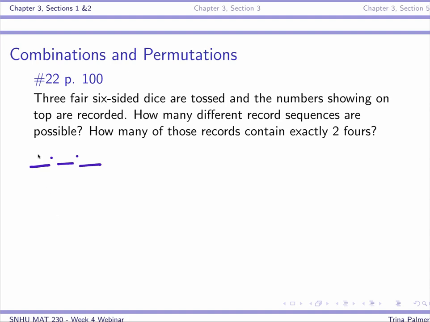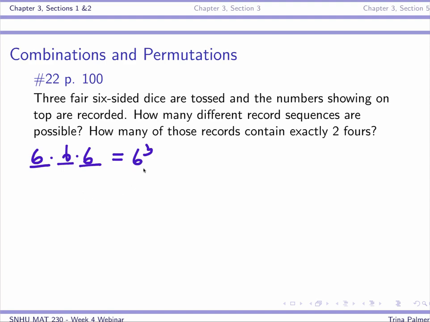How many possibilities for the first? I have 6 outcomes for the first, 6 for the second, and 6 for the third. So this would be 6 to the third different sequences possible.